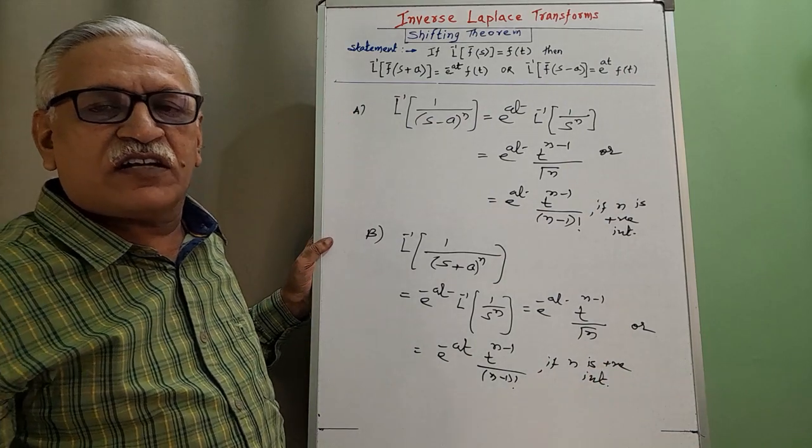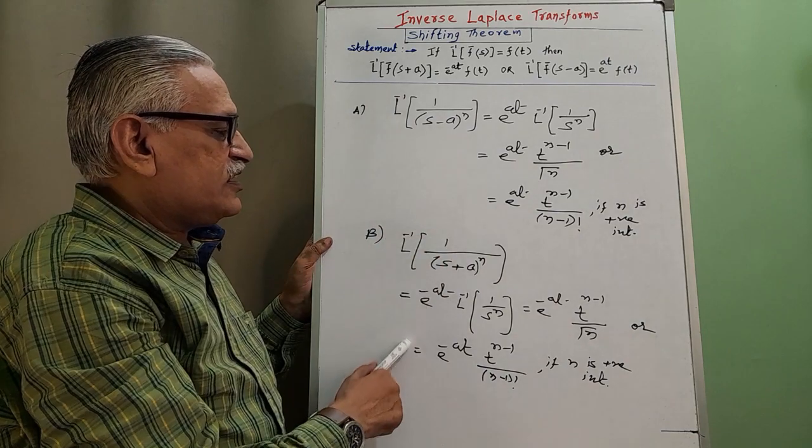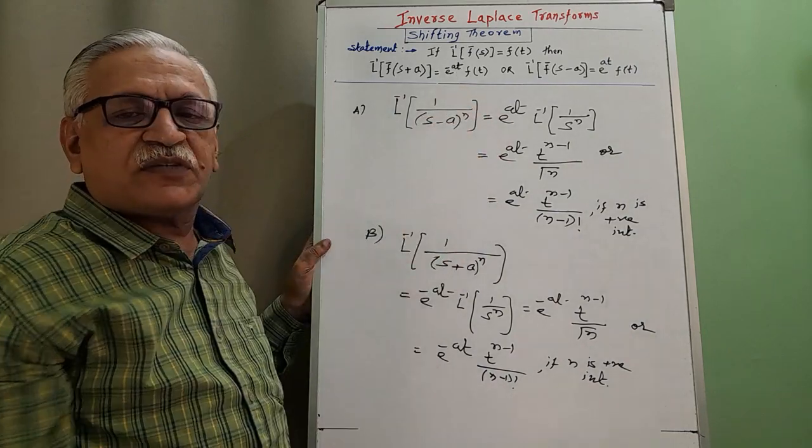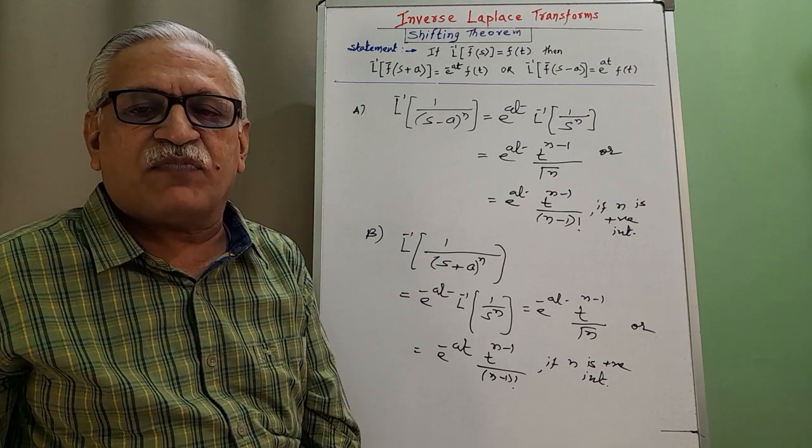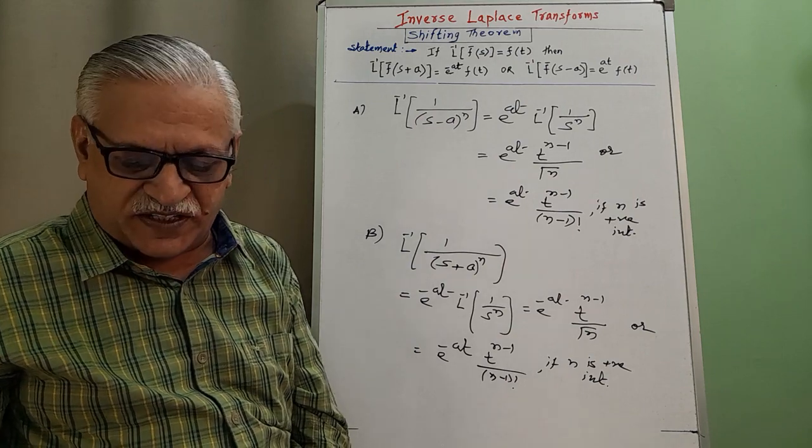And therefore, remember these two important results derived with the help of shifting theorem. And after knowing these three results, we try to solve some simple examples based on this shifting theorem.